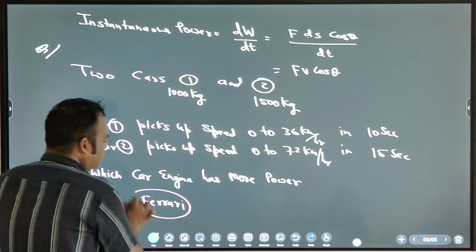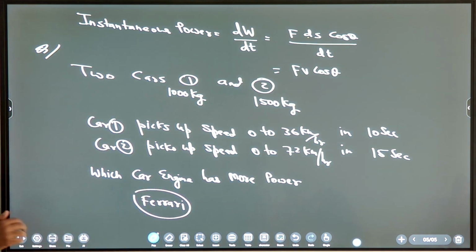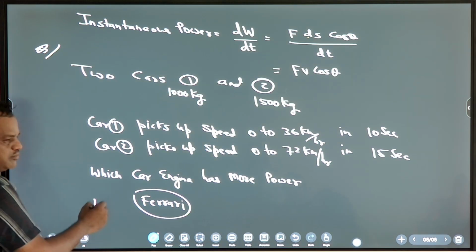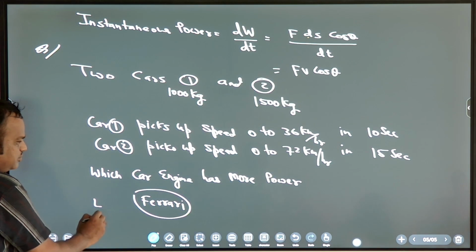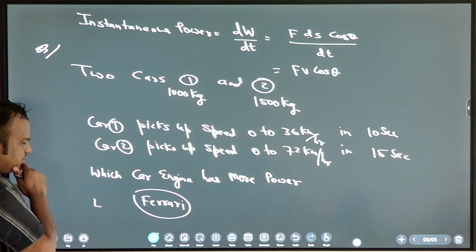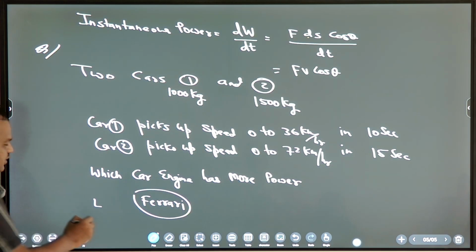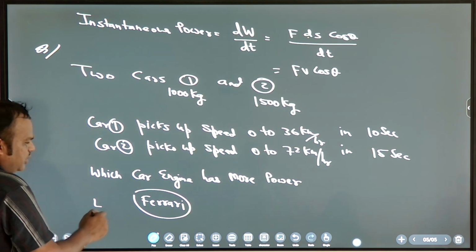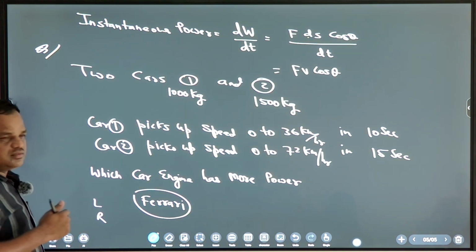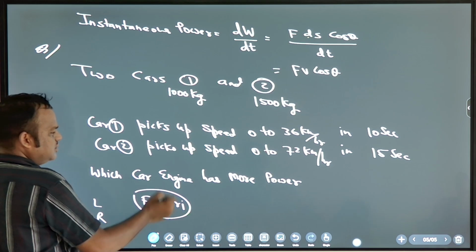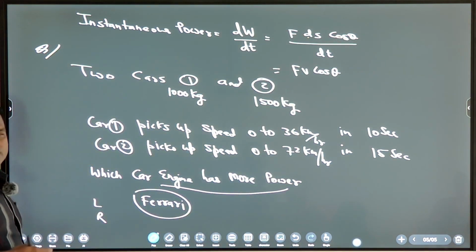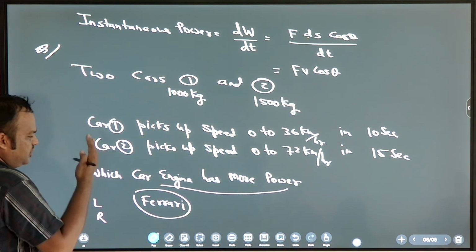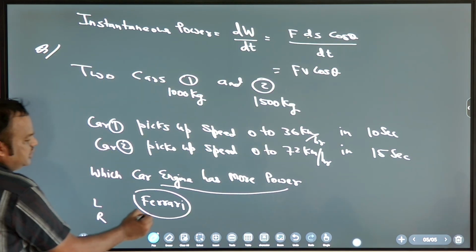They are very powerful, the engine is very powerful. Correct. One more car is there, Lamborghini. And one more, Rolls Royce. Why are they very famous in the world? Because the engine has more power. They go up to 400 or 500 kilometer per hour. Racing cars, correct.